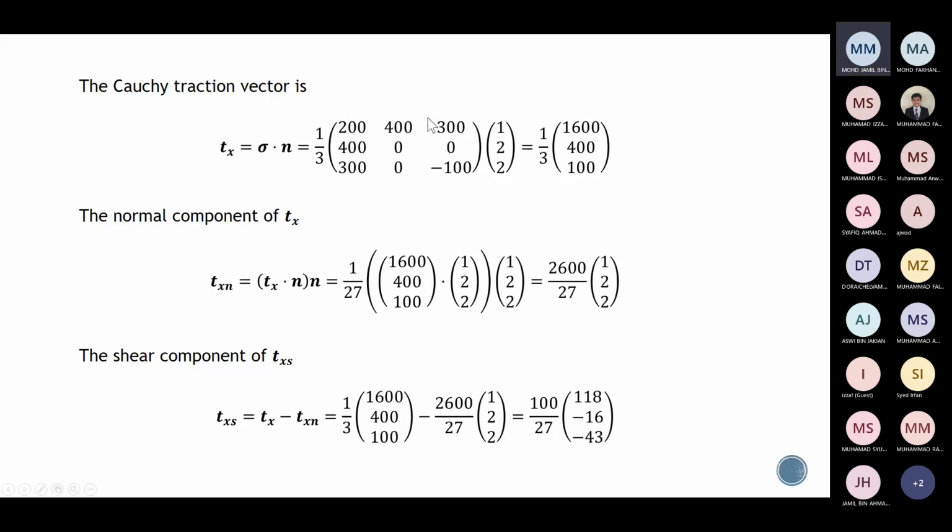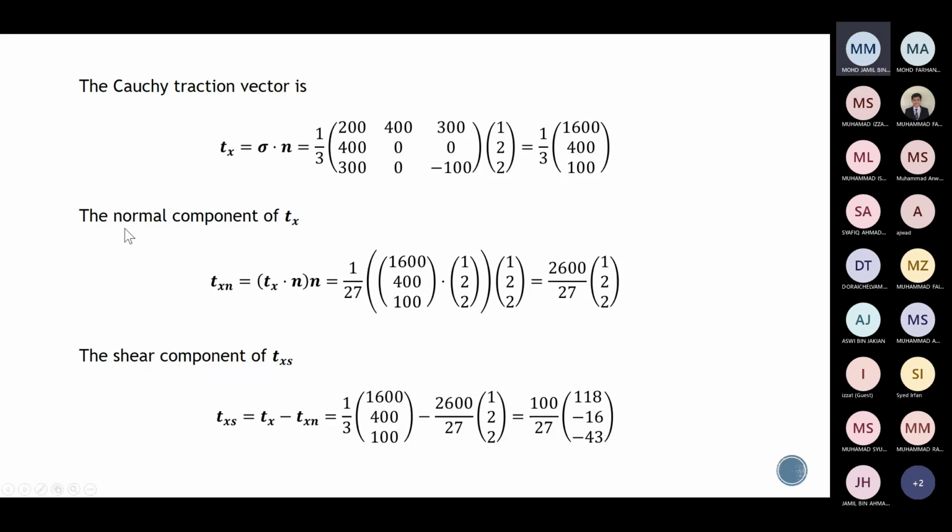This is the sigma, the big matrix here, and then you just multiply this tensor with the vector as usual, and you get this value. This is the Cauchy traction vector.